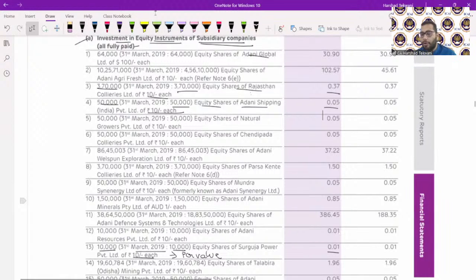When I provide for it, there will be a decrease in the value of investment. That's what I'm talking about with diminution in the value of investment. You provide for the investment because of some reason, which can be the company going into losses, the company getting liquidated, or the company not performing well. You calculate the net book value. There can be any reason, but this is how it goes.